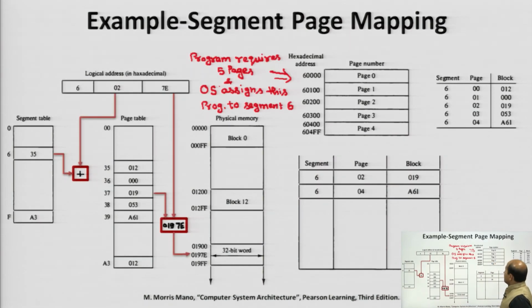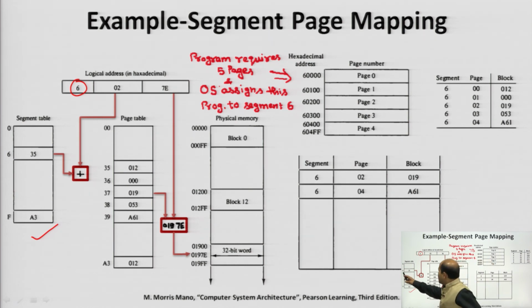Let us try to understand this example. Suppose we are given segment number 6, page number 02, and the word is 70. What is the physical address in this case? We first have to see the entry corresponding to segment number 6, so we access the segment table first. This segment table will provide the page base value.